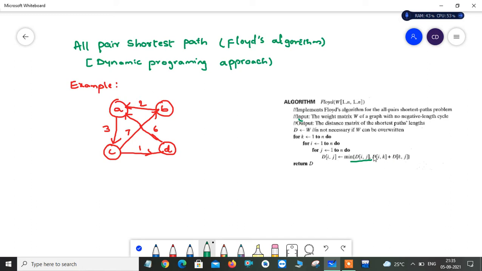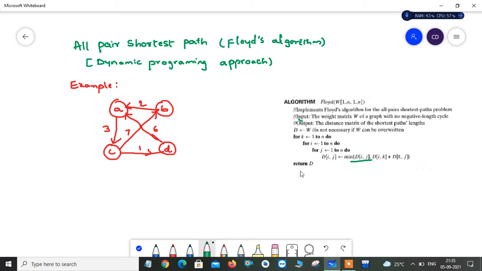We are finding these two distances, and whichever distance is minimum, we consider it in the distance matrix. Then we can return that distance matrix, which gives you all the shortest paths for this graph.